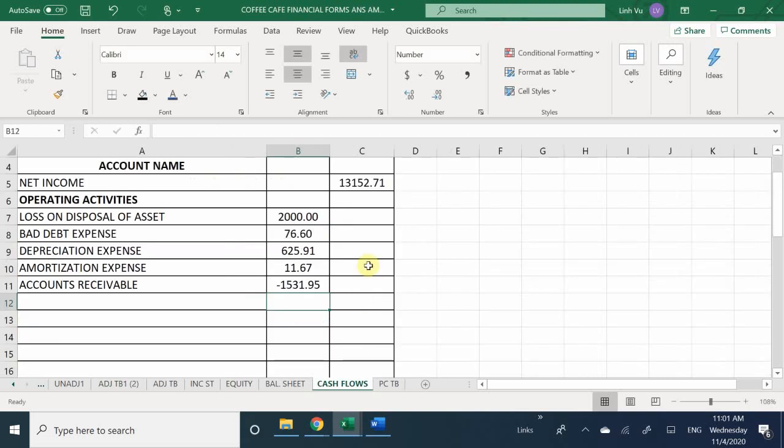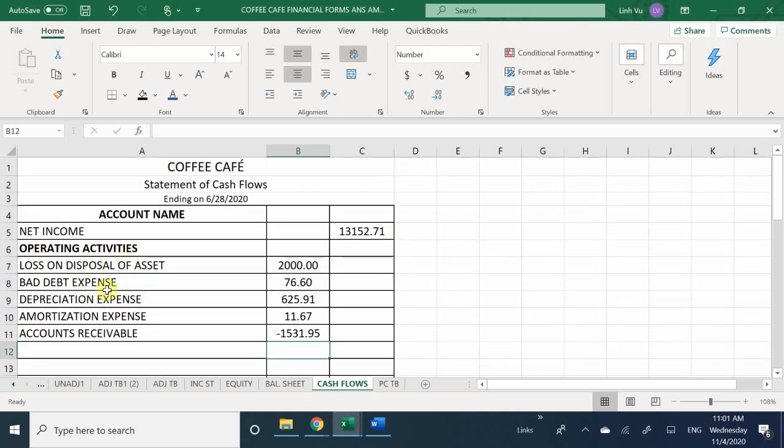Because what I did here is I also added back the bad debt that I was supposed to take away. That's double dipping: if I'm already counting the current amount of accounts receivable and I re-add it, that's double. I don't know if that makes any sense, but let's continue.